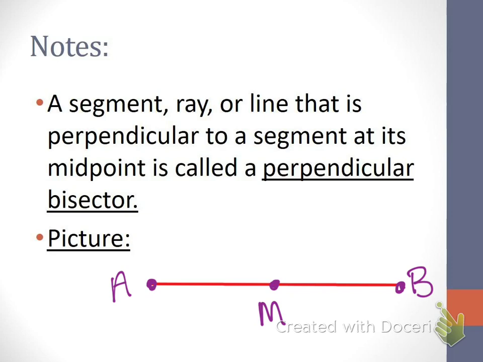This time, let's make our perpendicular bisector a line. And we can name that line as well. We'll call the line XY.